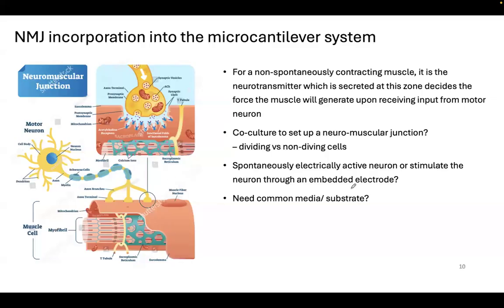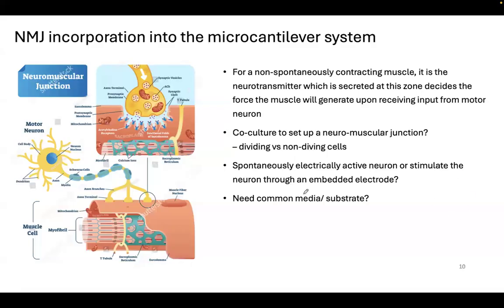Another thing is you could also excite or electrically stimulate. So, muscle stimulation, I'm not sure how well that works. But when you have a neuron and you have the muscle now, both of them together, how do you ensure that the neuron is also firing actually?